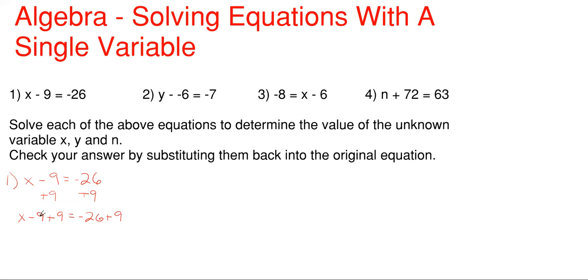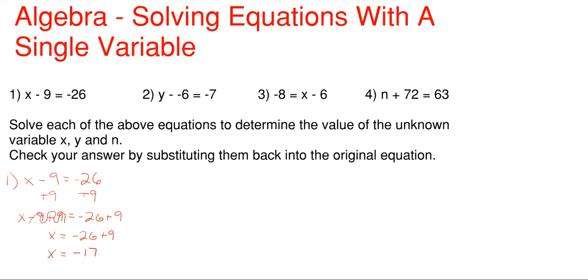On the left side, minus 9 plus 9 disappears, and we are left with x equals, which is a good sign because we want our variable isolated by itself, equals minus 26 plus 9, and minus 26 plus 9 equals minus 17.